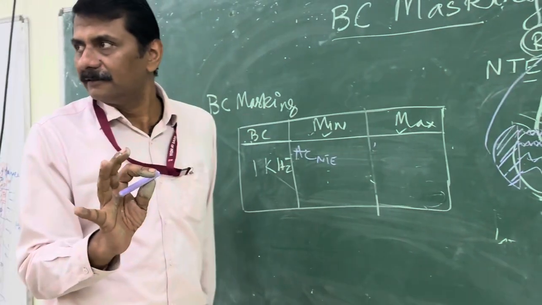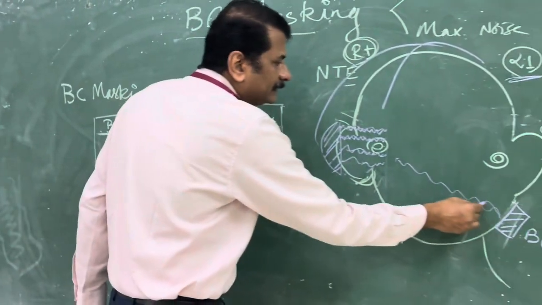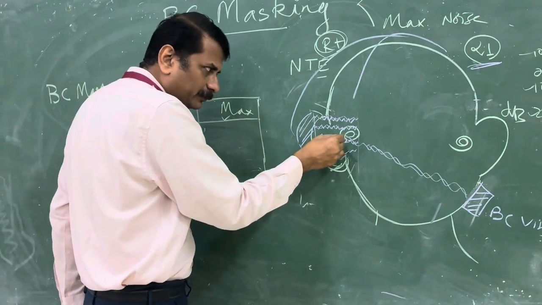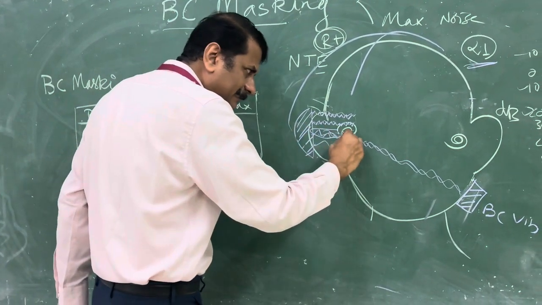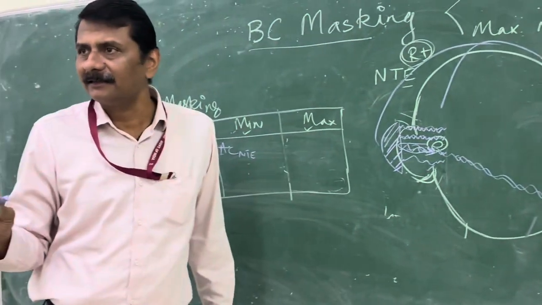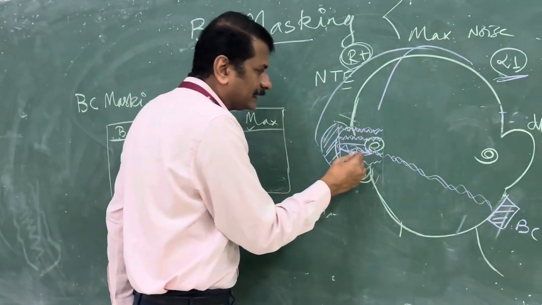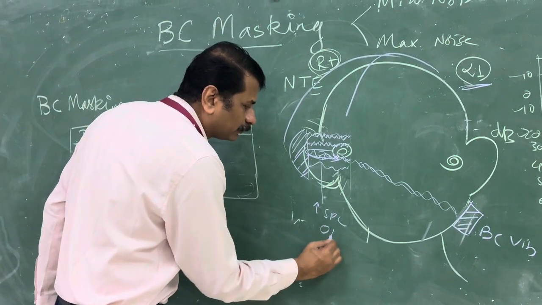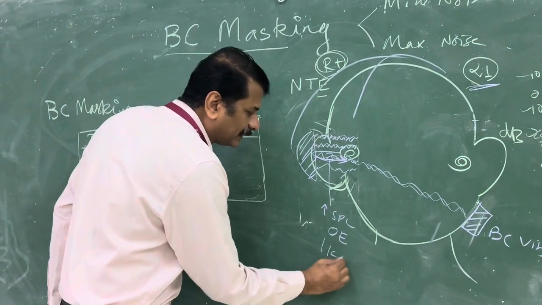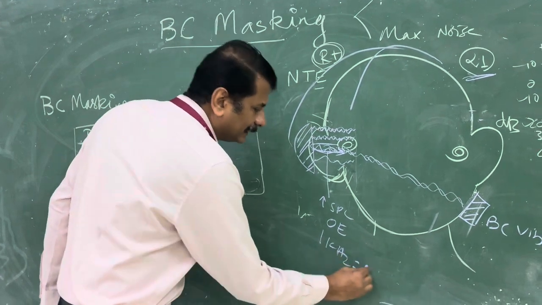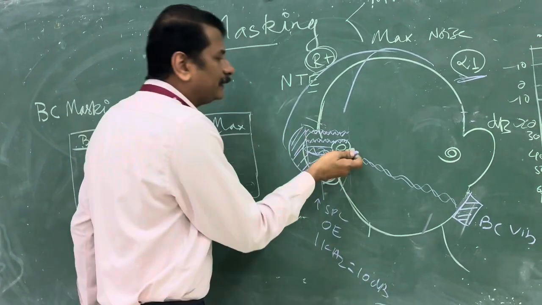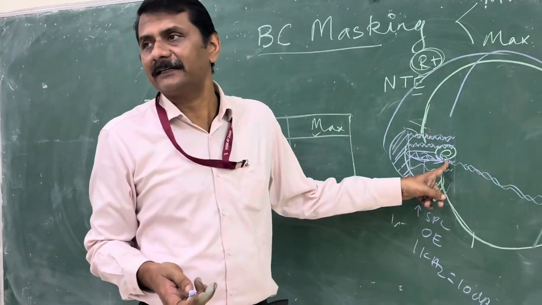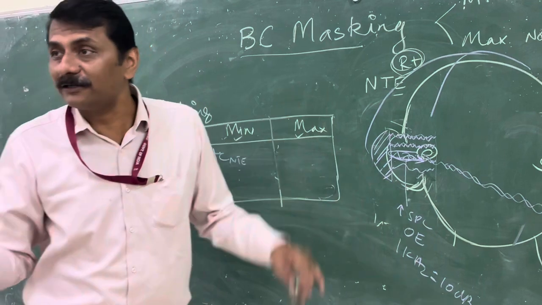But the moment we give the BC tone here, as the ear is occluded, the tone, due to the middle ear outflow theory, returns back into this cochlea. So there is an increase in the sound pressure level due to the occlusion effect. For 1 kilohertz, the occlusion effect is how much? 10 dB. That means there will be a pseudo increase of 10 decibel in the BC threshold of the non-test ear. So we have to increase the noise accordingly.